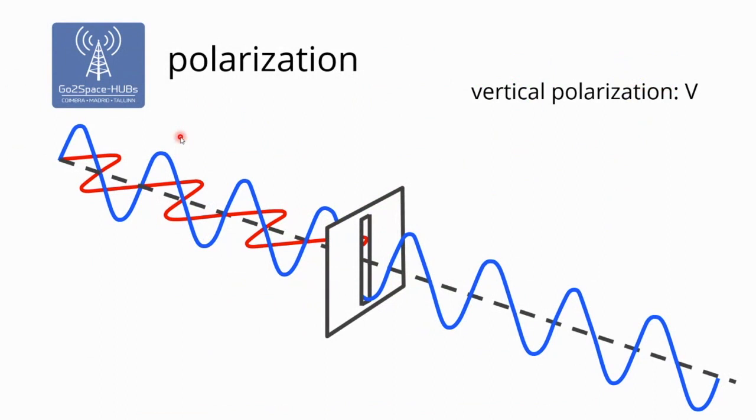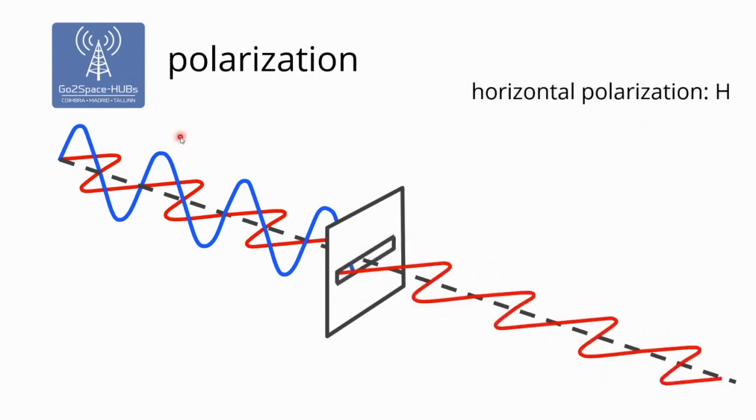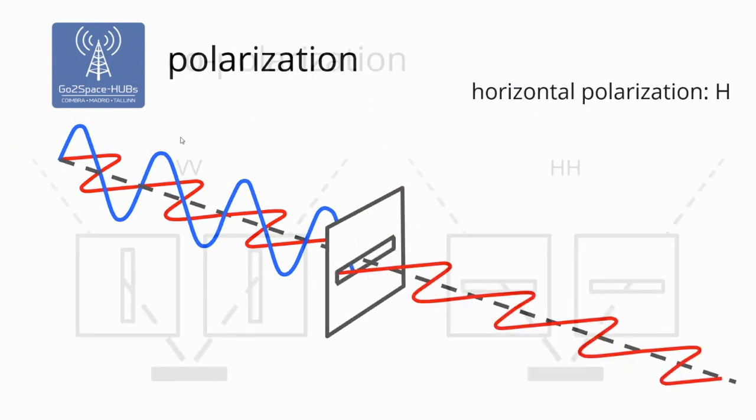Quite an important thing. I'd love to go into details, but we don't have the time. Every signal emitted and received by the antenna is polarized. That's quite an important property of radar remote sensing, and it can be polarized vertically, like we can see here, or horizontally, like here.